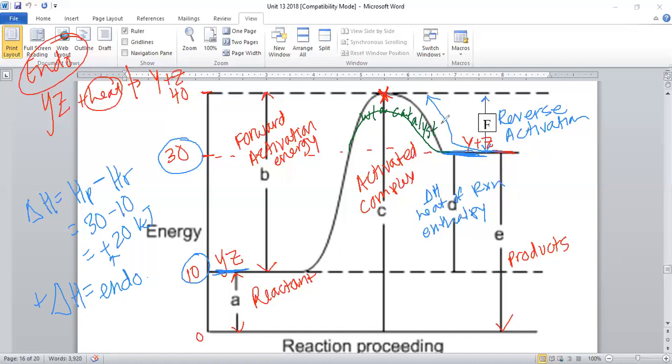Okay, so what I would like you guys to do now is do page 17, and then we'll review this again on Tuesday, because this tends to be tricky.